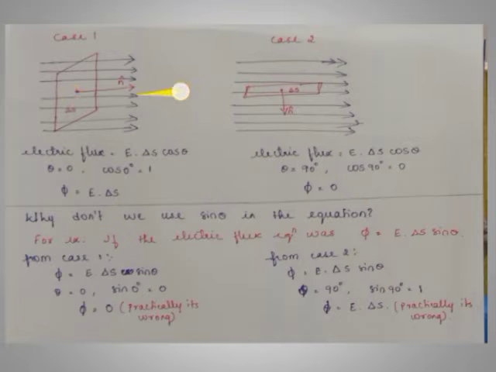This direction vector and the fields are parallel to each other. So the angle between these two is 0 degree. Okay children, now if I consider theta is 0, so what is cos theta?